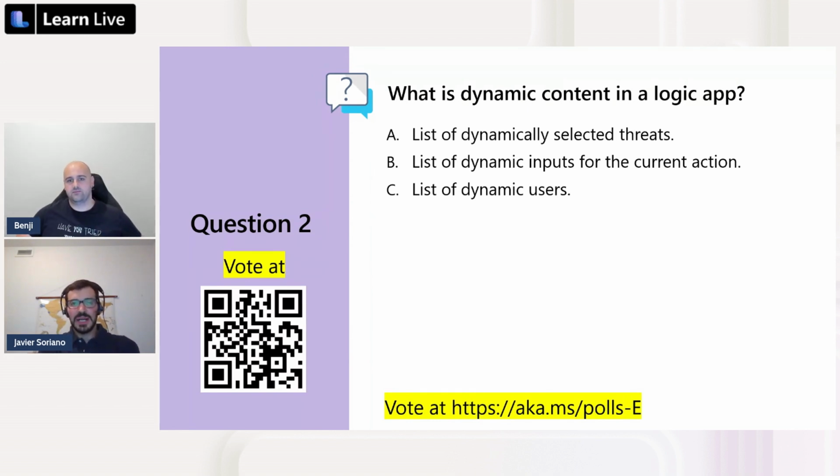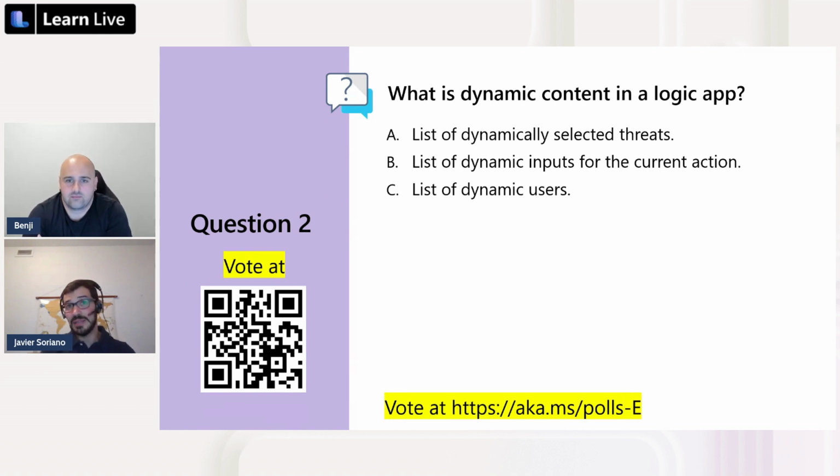Tough one, right? So first of all, we have the list of dynamically selected threads. We have many different content that can come dynamically from the connector, but it's just not limited to threads, I would say, right? I think it can be other things. So I would say that A is probably not it. Then we have also option C, list of dynamic users.